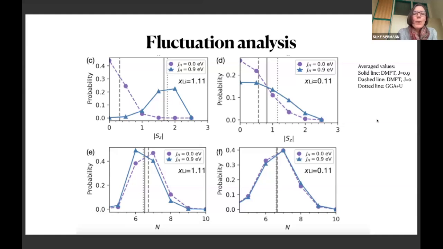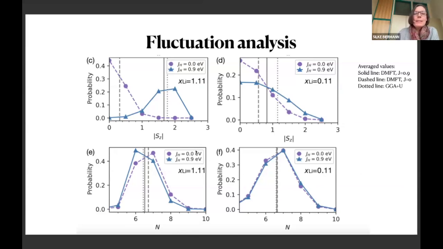So what we draw here is just the probability of visiting configurations with a given quantum number. In the upper row, this is for the spin component, and in the lower panel, just for the number of electrons on the iron 3D shell. And again, left-hand side for the lithium-rich compound, and right-hand side for the lithium-poor compound.